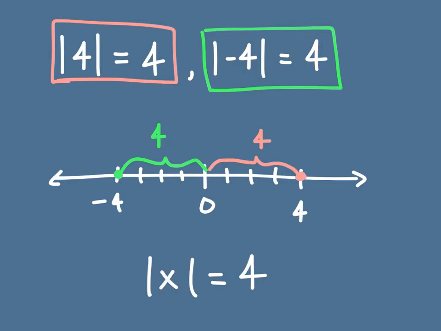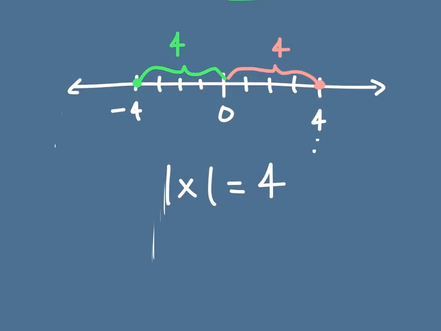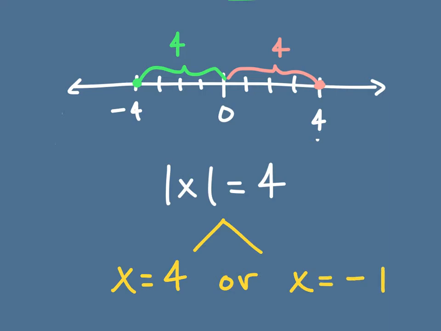Meaning, absolute value of what is going to give me a value of 4? What we notice up here is that you can put 4 inside and -4 inside. So given an absolute value equation like this, we can split this up and say x could be +4, or x could be equal to -4.